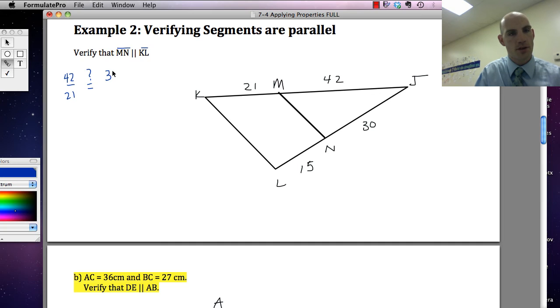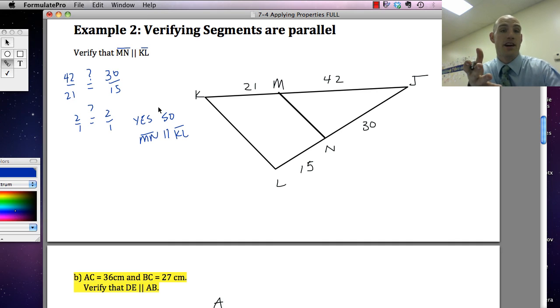Is that equal to 30 over 15? Well, this reduces to 2 over 1. And is that equal to 2 over 1? Yes. So MN is parallel to KL. Simply test to see if the sides are proportional, then those lines must be parallel.